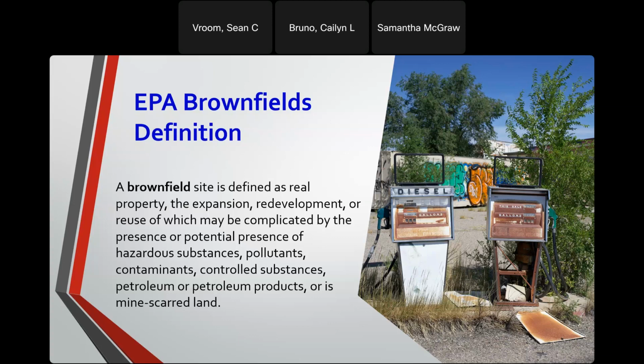On the other hand, if you have an old auto repair shop that is now shuttered and abandoned, you would think, because of the past use of that site, that there would be some type of contamination on that property. But that may not be the case. There may be no contamination. But being as it is underutilized and there's a suspicion that there may be contamination, that is what we classify as a brownfield.